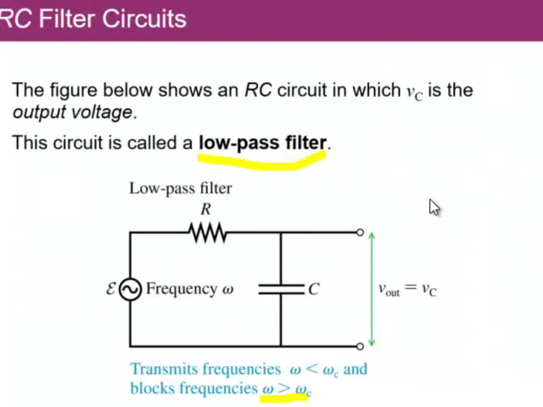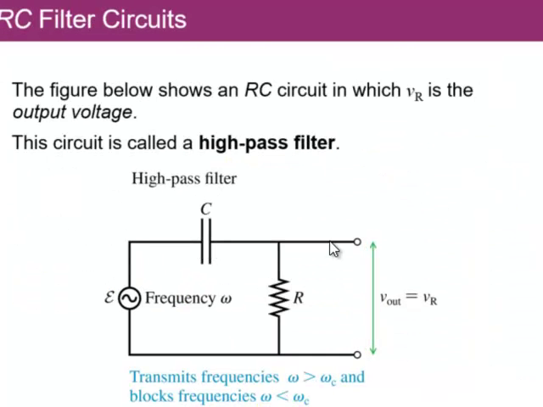And so when we have a high-pass filter, you'll have a higher voltage when the frequencies are high. When the frequency is low, you're not going to get much of a voltage here. So this will be referred to as a high-pass filter. It allows high frequencies to go through, but it will block the lower frequencies.